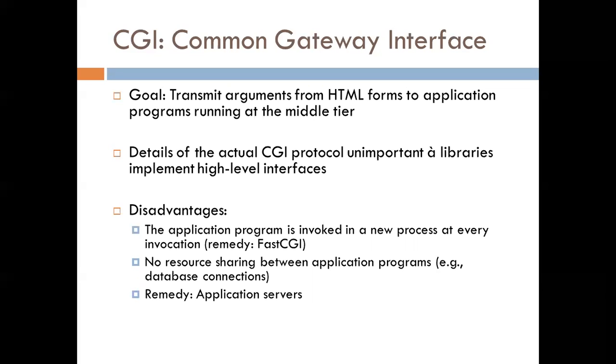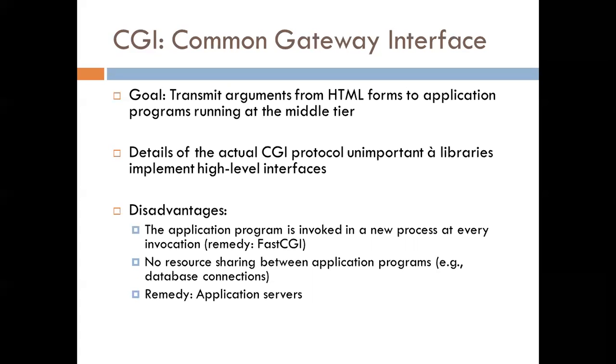The only disadvantage of using CGI is that the application program is invoked in a new process at every invocation, which means each call from the presentation layer will create a new process. At one time, we may exceed the process limit provided by the servers.